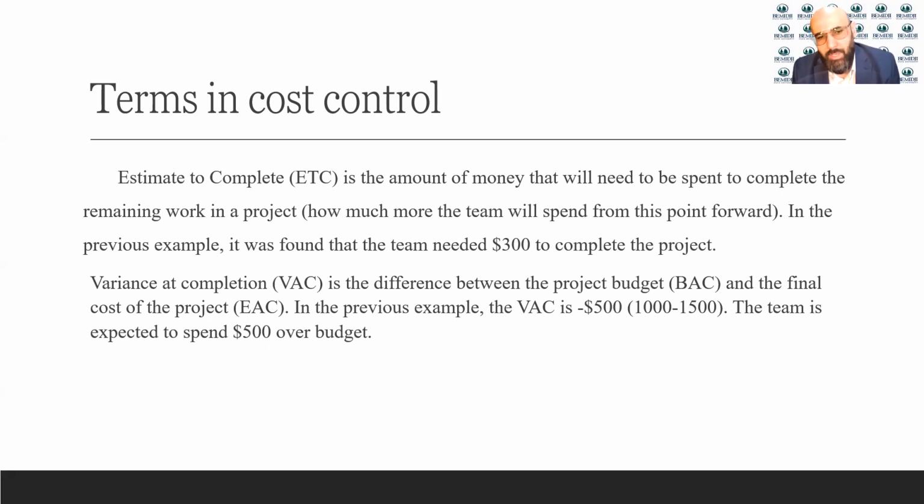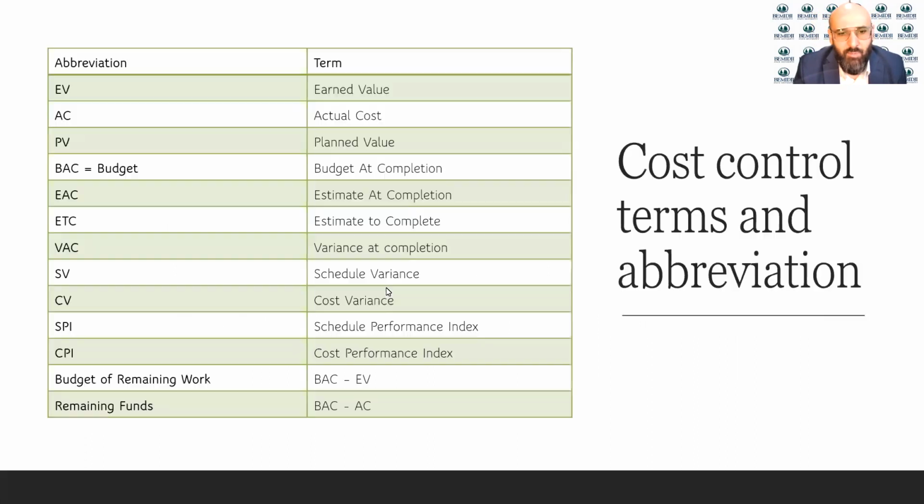So the estimate at completion is $1,500. So VAC, or the variance at completion, is negative $500. So the team is expected to spend $500 over the budget.